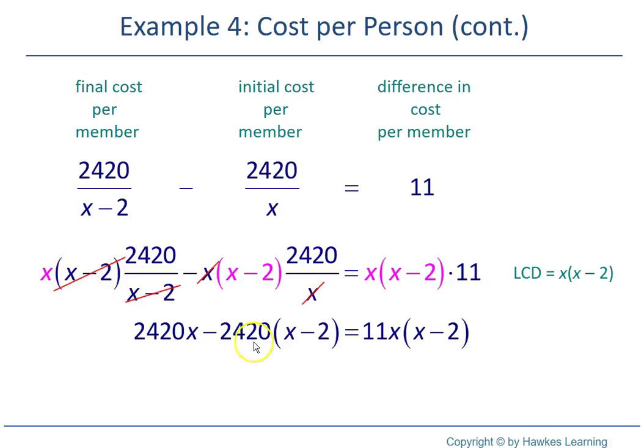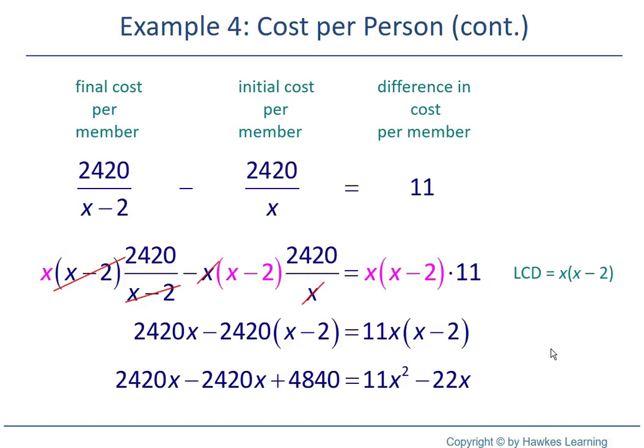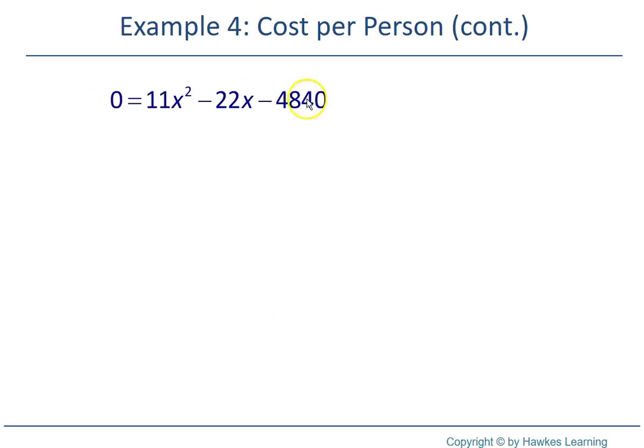Then they're multiplying through some more to get rid of this parenthesis, and then now they're putting it into standard form. Now, fortunately, this all divides by 11, which they're doing here, and now we just have to factor this.